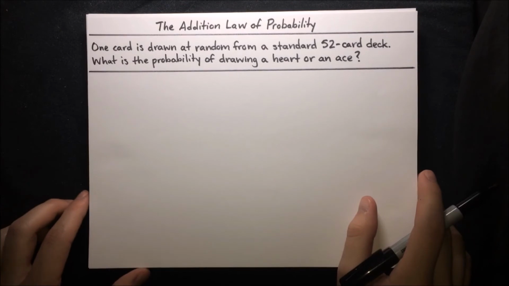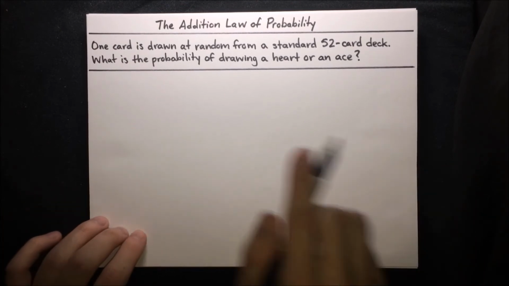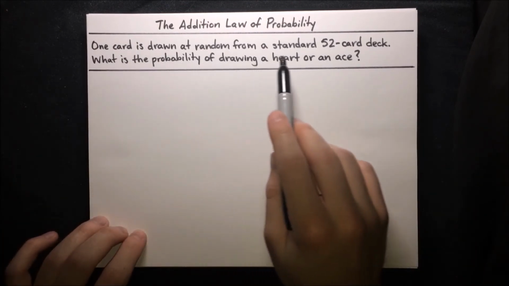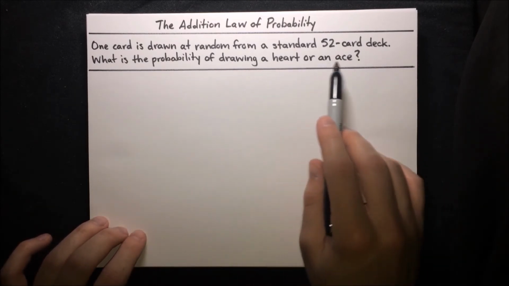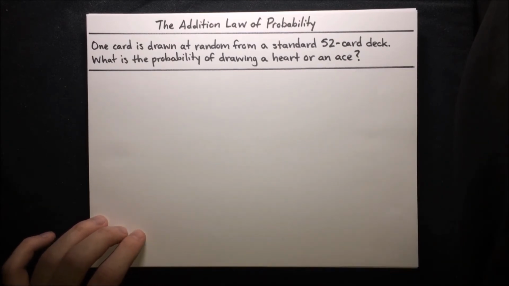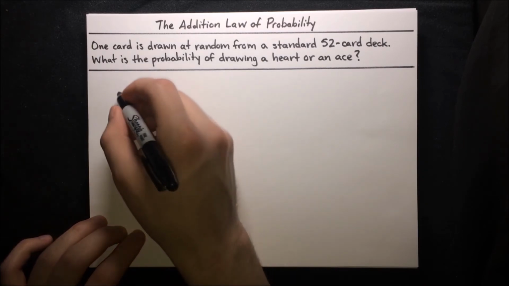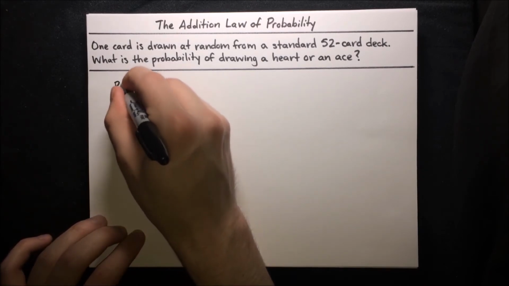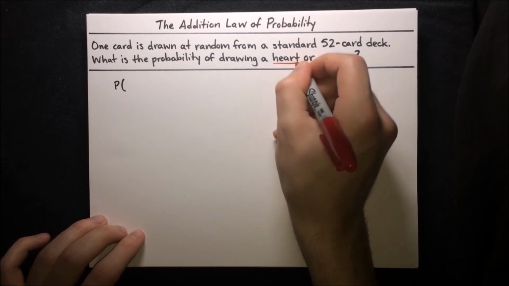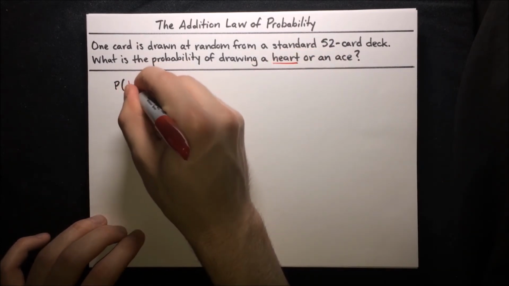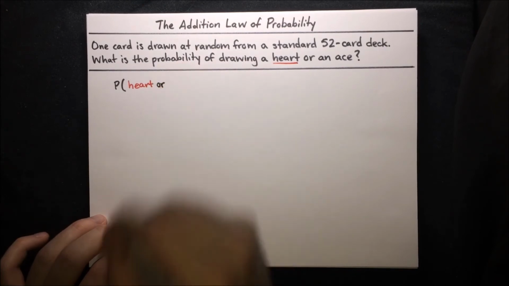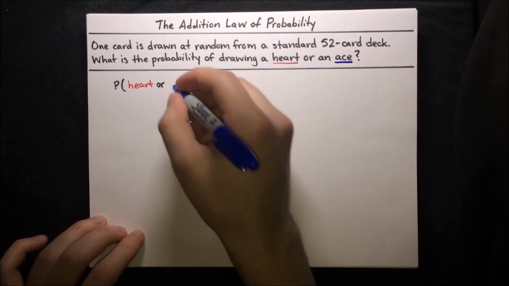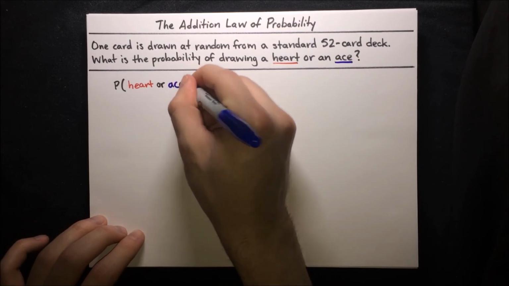Let's apply the addition law to solve a word problem. One card is drawn at random from a standard 52 card deck. What is the probability of drawing a heart or an ace? Why don't we start by writing down the addition law for this situation. The first event is drawing a heart, or the second event is drawing an ace.